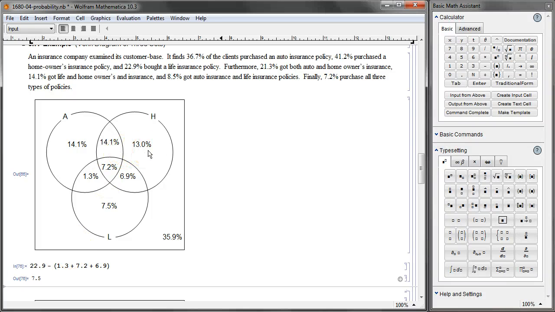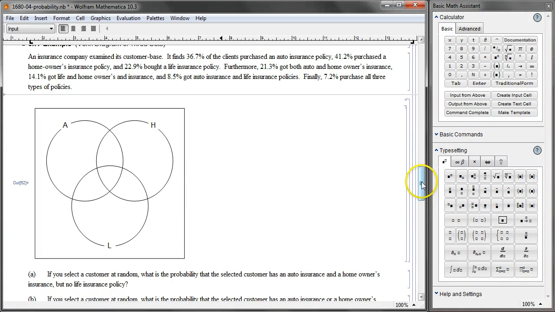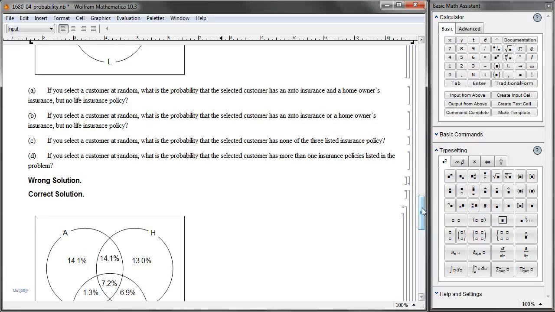How do you get this 13.0%? Well, I hope you can do that. 41.2% purchased homeowners insurance. Out of those, you have to exclude 14.1, 7.2, and 6.9. Those away, and then you get 13.0%. This one was obtained pretty much the same way. Oh, I spent a lot of time explaining the Venn diagram, so I don't know whether I'm going to have enough time answering these questions.